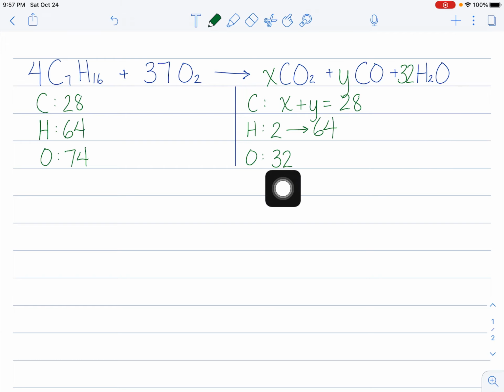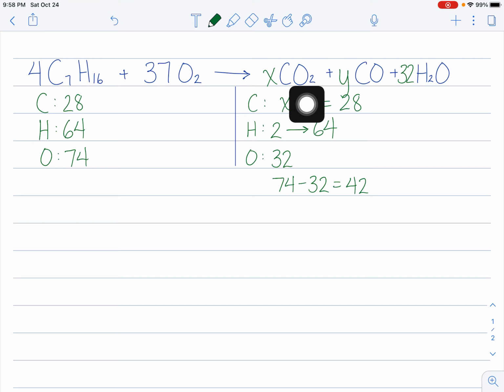And for oxygen, I already have 32 atoms out of the total of 74 from water, which means that I still need 74 subtract 32, which is equal to 42 atoms of oxygen. So I still need 42 atoms of oxygen. Those 42 atoms are going to come from X amount of carbon dioxide.